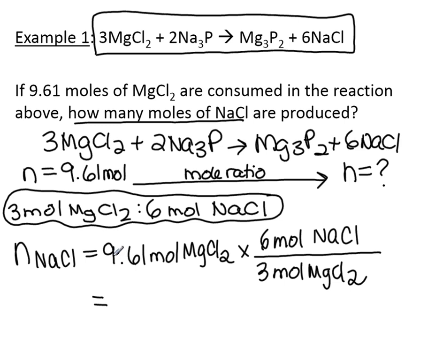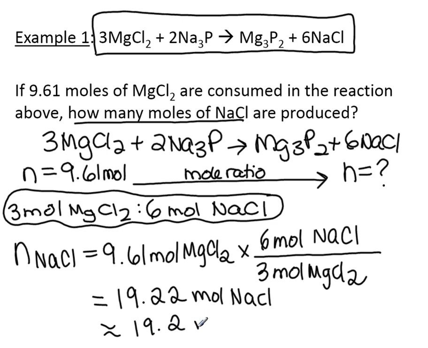So how it works, 9.61 times 6 and divide it by 3. You should get about 19.22 moles of sodium chloride, but we need to always round our answer. So here we need 3 significant digits, so I'm going to round to 19.2.